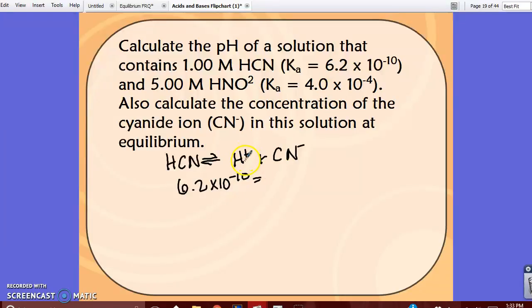But that's going to be the same thing that we calculated back in the first part. Whatever our x came out to be, which was 4.47 times 10 to the negative 2.